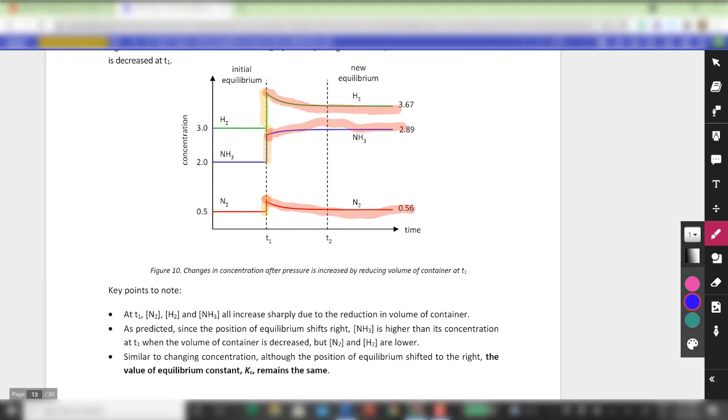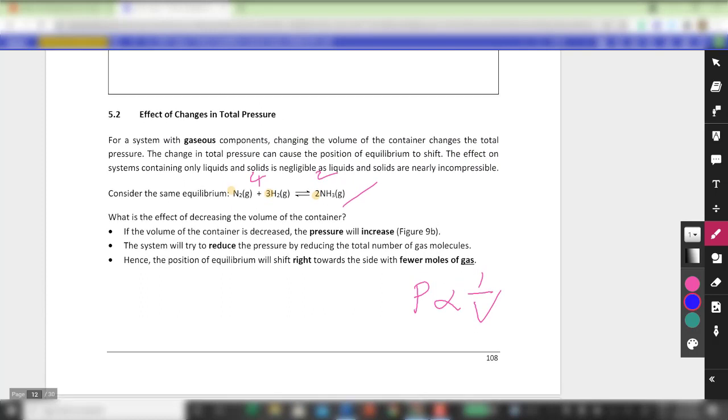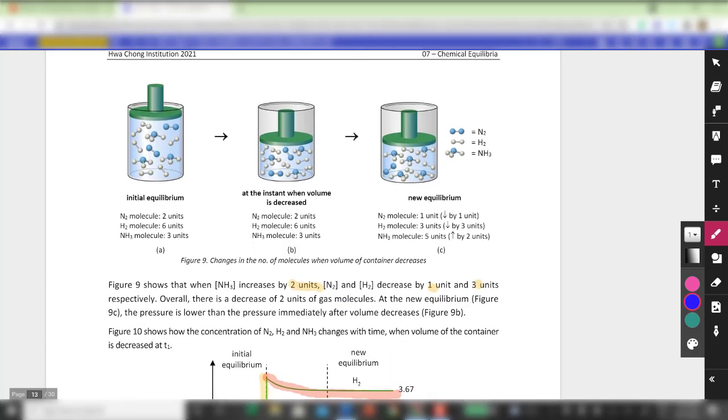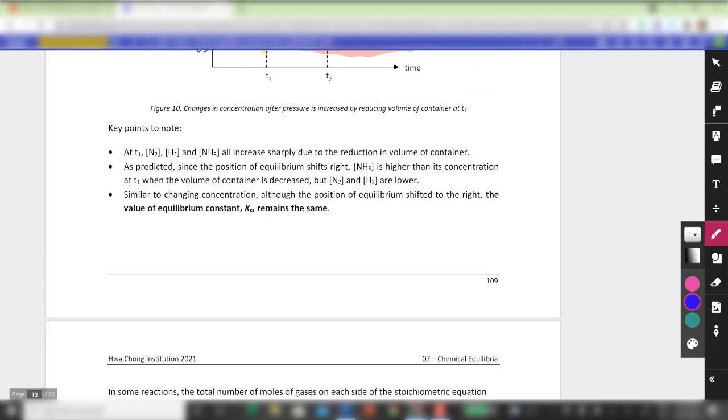Earlier on, I talked about pressure, but it works whether you're talking about pressure or concentration, because the idea is similar. Whatever the case is, the value of the equilibrium constant will remain the same. That is something I just want to keep emphasizing.